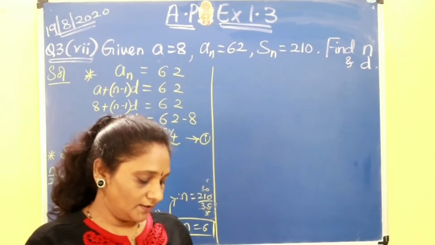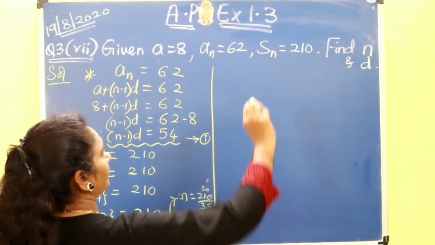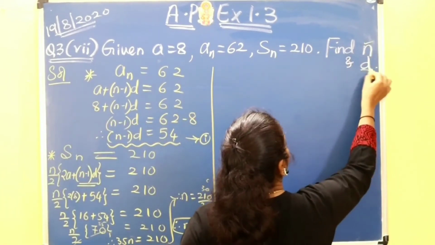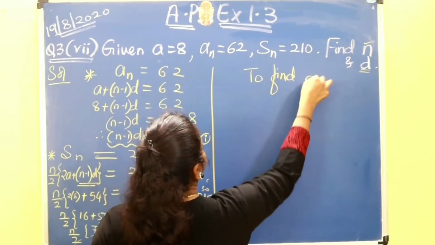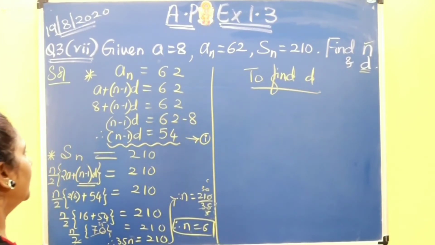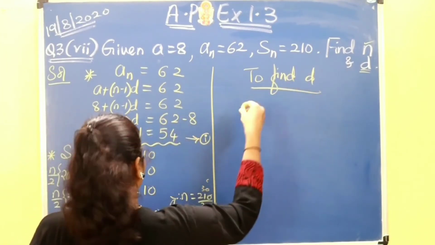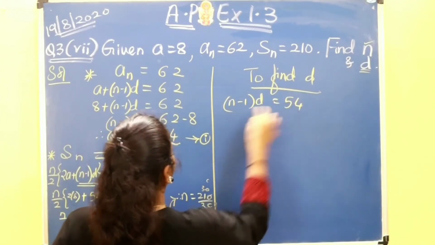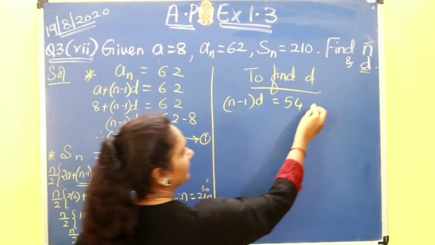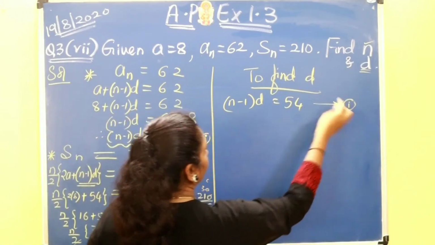Now you have got n is equal to 6. You have found out n. Now you have to find out d. To find d, what to do? Take any one of the equations. You have n minus 1 into d is equal to 54. This is your equation 1.